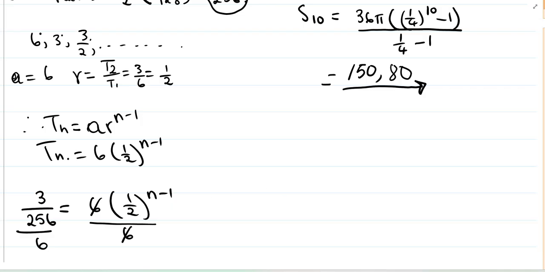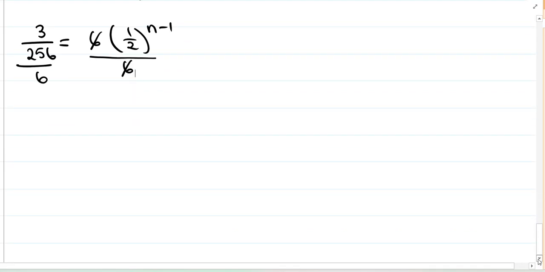What is left on the right is 1 over 2 to the power of n minus 1, and what is left on the left is 1 over 512.